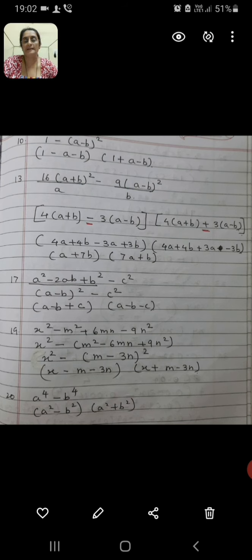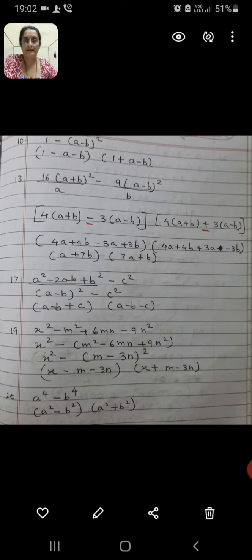When you look at these three terms, you will come to know that this is an expansion of (a minus b) the whole bracket square, isn't it? We have learned the identities. It fits the second identity, that is (a minus b) the whole bracket square. So (a minus b) whole bracket square minus c square. Now (a minus b) we are going to consider as A and c square we are going to consider as B. So root of both the terms: a minus b plus c, a minus b minus c. So these are the answers.